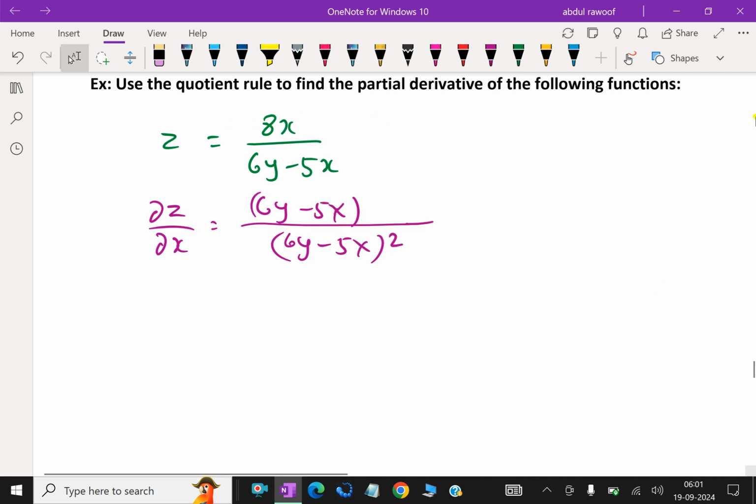Differential of 8x with respect to x is 8, minus, then this function 6y, then 8x, that is function, into derivative of the denominator with respect to x. 6y derivative is 0, minus 5x is minus 5.